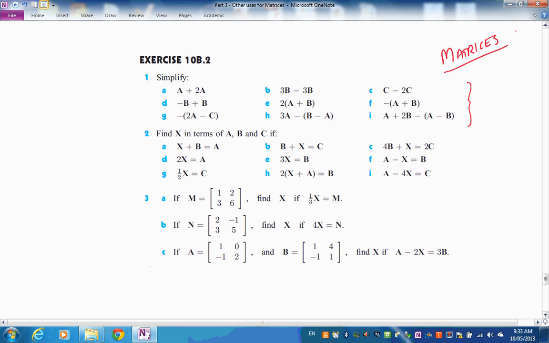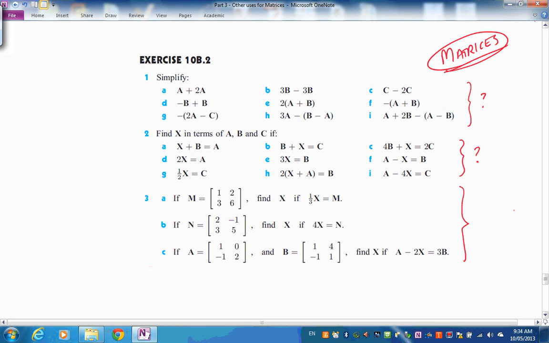Is it possible to do the operations here? And is it possible to rearrange these things? What sort of considerations do you have to make because you're in matrix land? Okay. So I want you to go through each of those. It's probably worth doing most of them and then check your work.